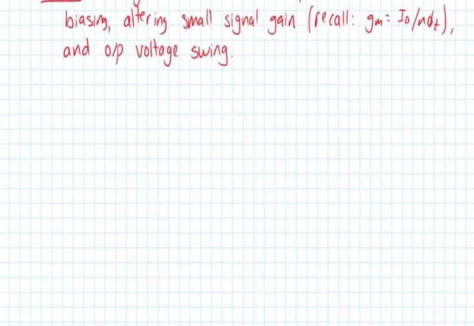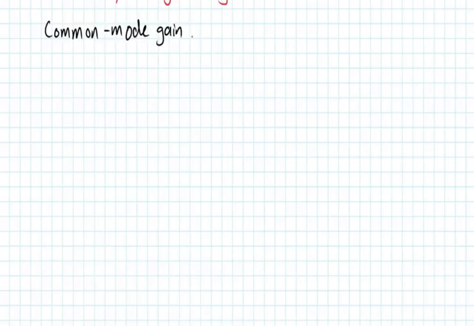This is a problem, but if your next stage also is a differential amplifier, then it might have some common mode rejection, and this may or may not become a problem. What is more of a problem is a different type of common mode gain that is much more troublesome. This is what we call AV common mode to differential mode gain. Okay, so this is something we really don't like to see in our circuits.